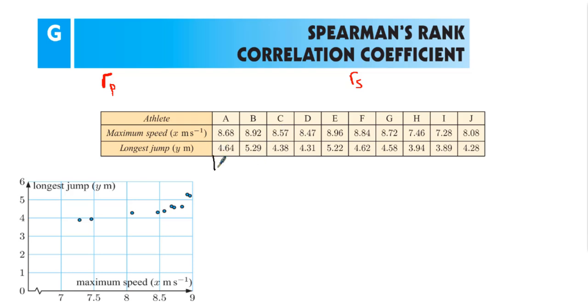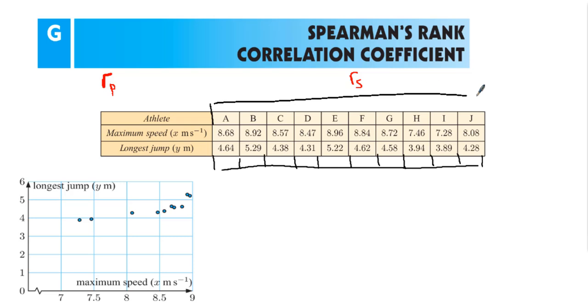Let me open a new row, for example, for the longest jump. And let me do it upwards for the speed. So let's indicate the ranking for them. It's up to you how you are going to do it.